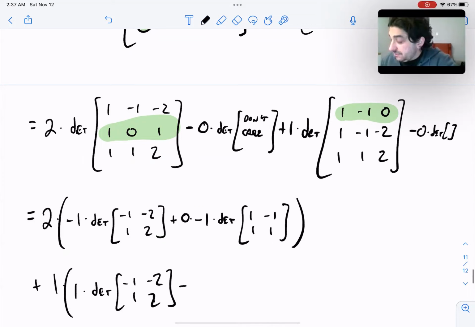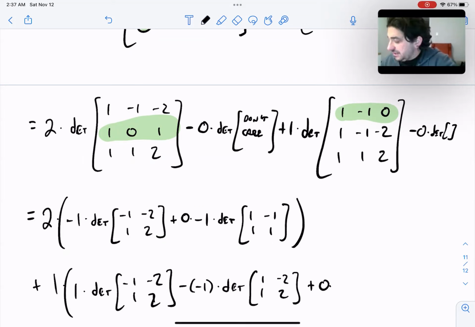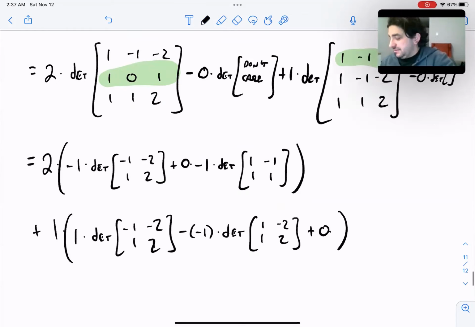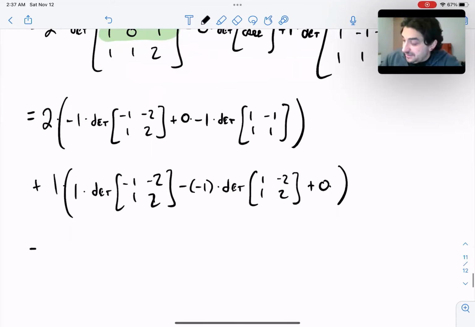Then I'm going to do -1 times the determinant of its remaining 2x2, 1, 1, -2, 2. Then 0 times, I don't care. Okay.